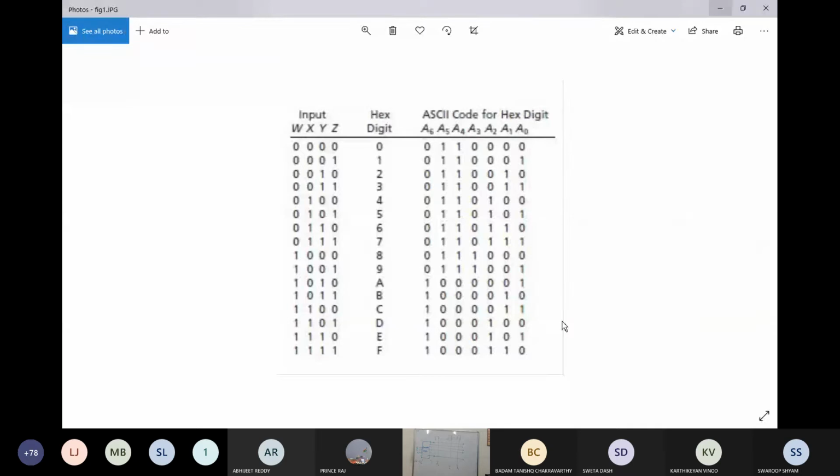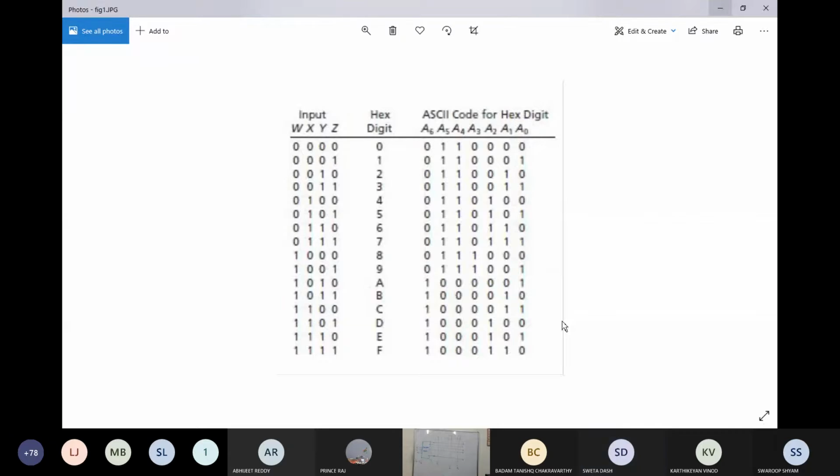Then 12, then 14. Is that correct? Yes or no? Yes, ma'am.